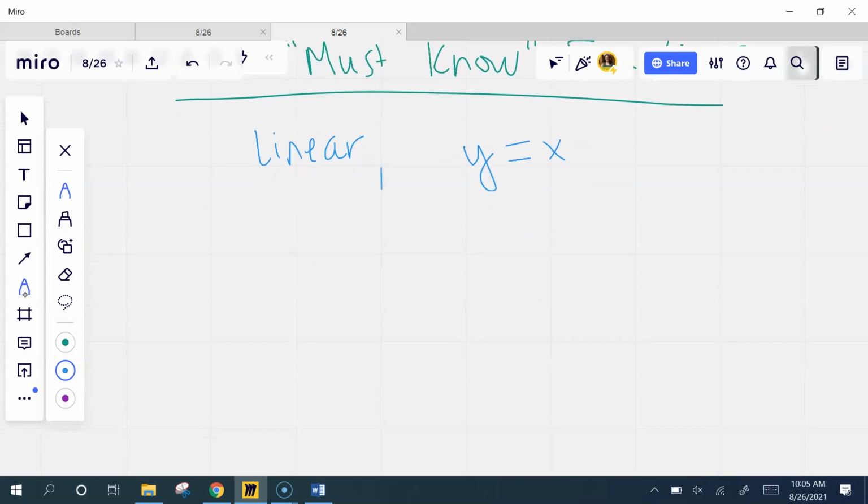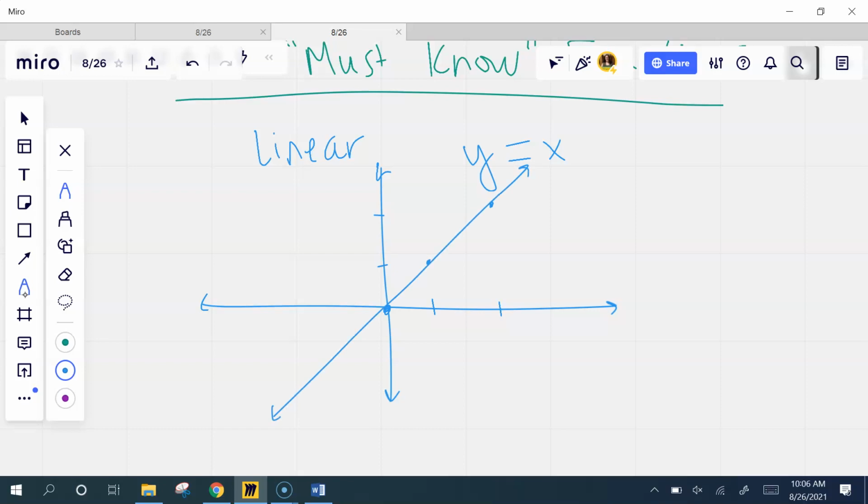I won't make you use a straight edge, but you'll still need to be precise. This means whatever x is, y is the exact same value. You will need to use exact points as you go through and connect them accordingly. So there's what the graph looks like.